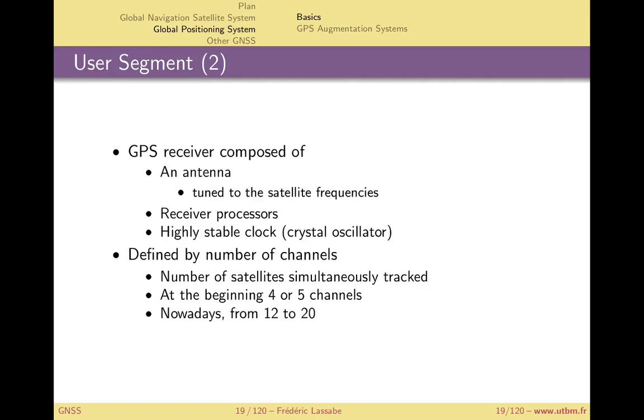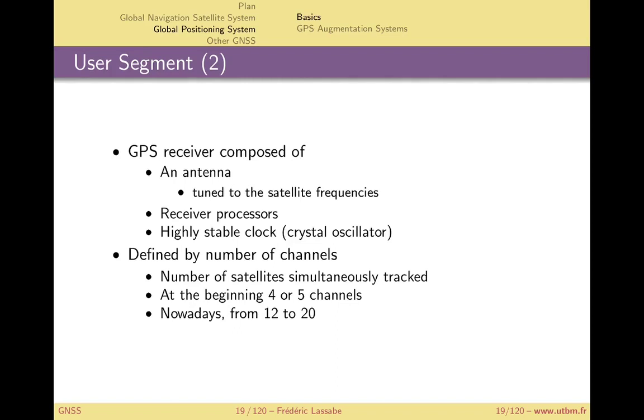To do so, the GPS receiver is composed of an antenna which is tuned to the satellite frequencies, because after going through all of the atmosphere, its RSSI is very low.